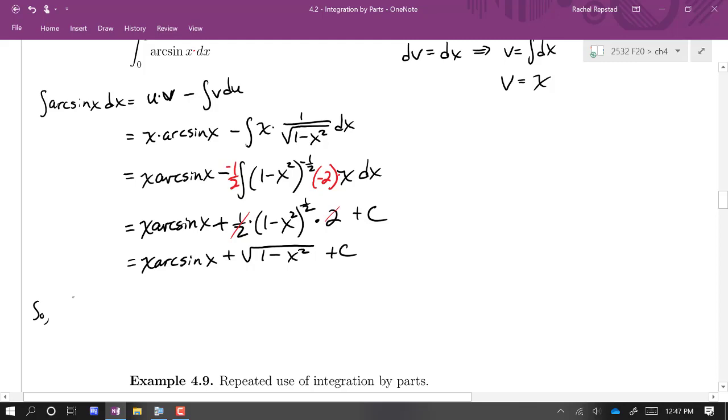So this definite integral from 0 to 1 of arc sine x dx is equal to this function we found.